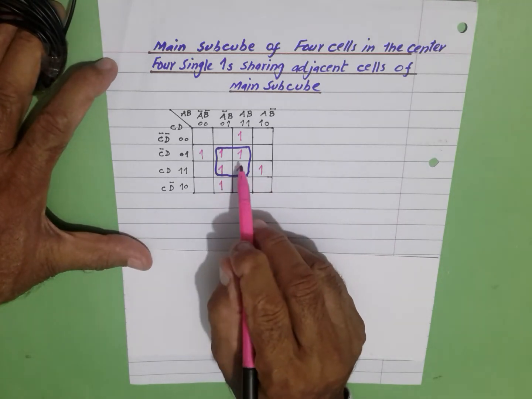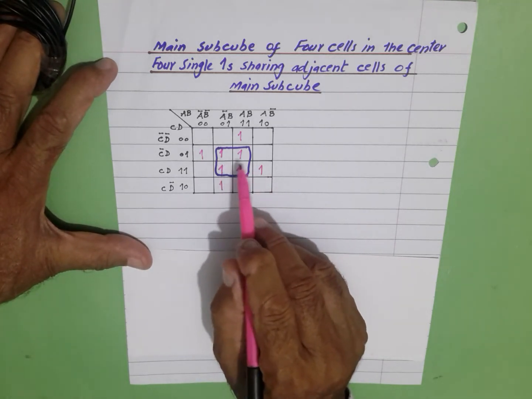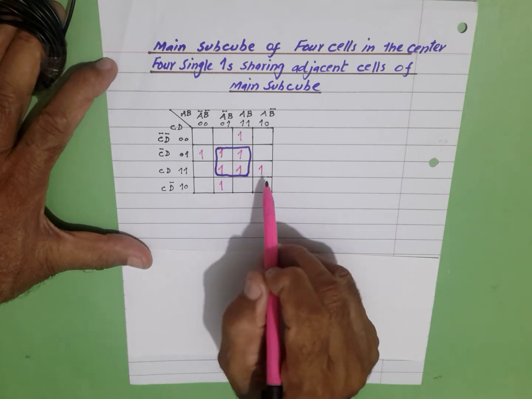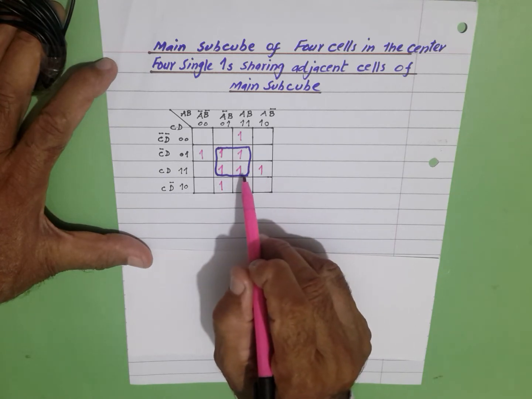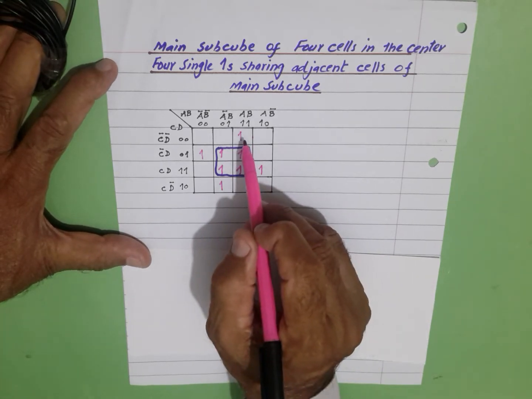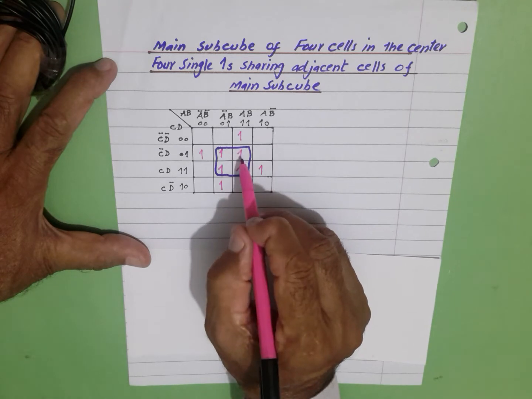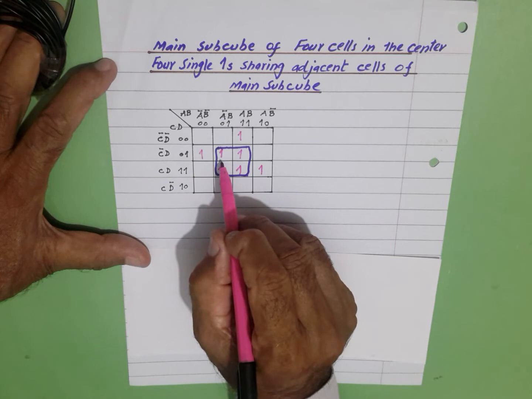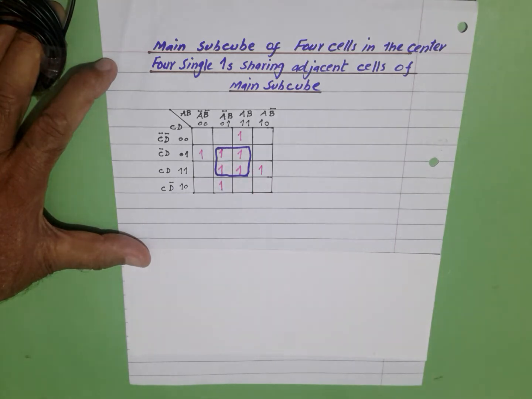This is main cells of 4 min terms. Now this one can make a pair. It can share this adjacent. This can share with this adjacent cell. This one can share this one. Now let us see that.